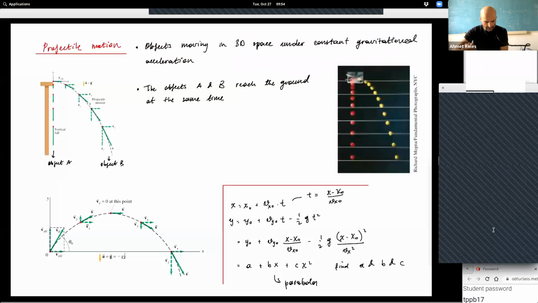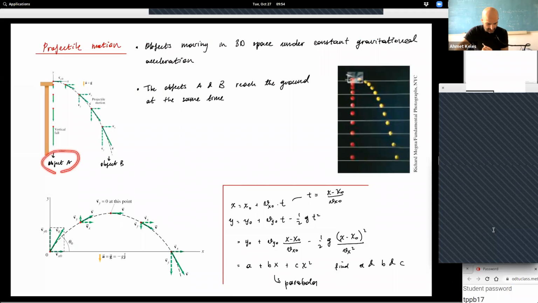So let's go back to our Galileo experiments. And here we can now start with a simple experiment like this. Imagine you have 2 objects falling off a cliff.